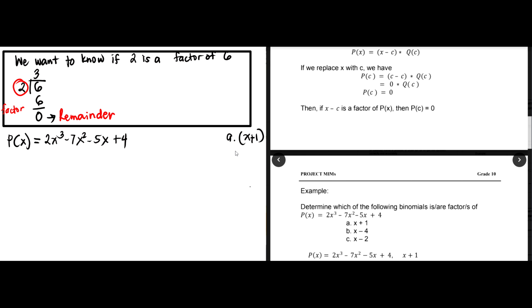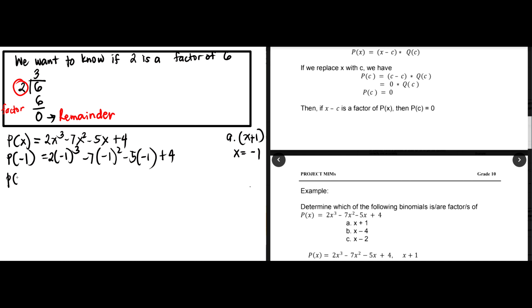Si x plus 1 ay magiging x is equal to negative 1. So, palitan na natin. 2 times negative 1 cubed minus 7 times negative 1 squared minus 5 times negative 1 plus 4.